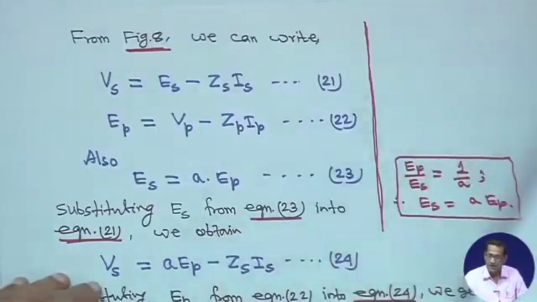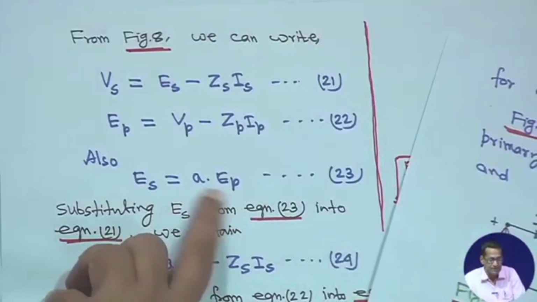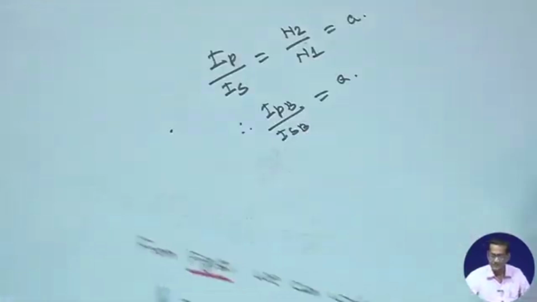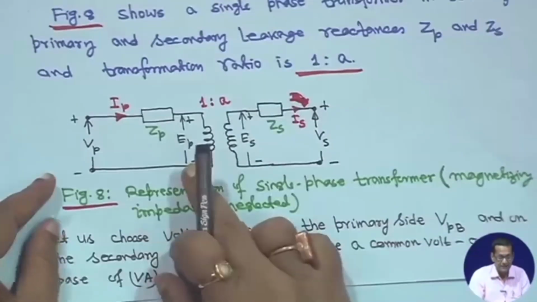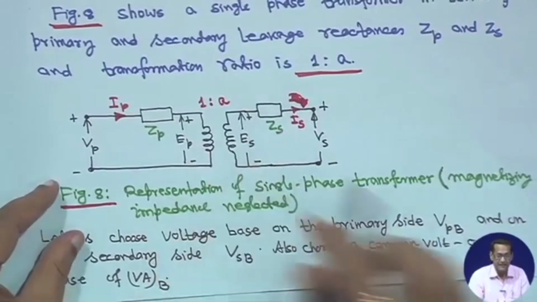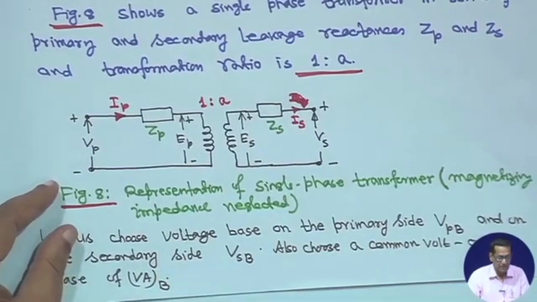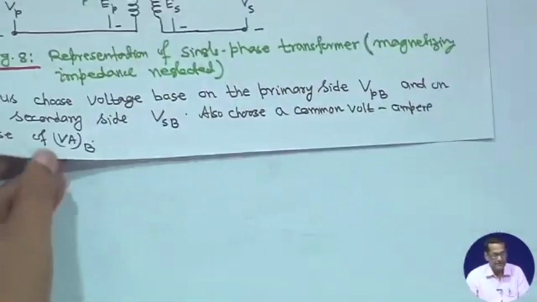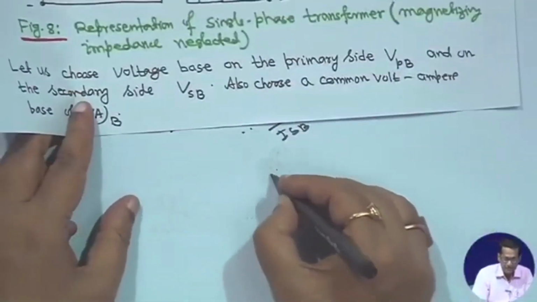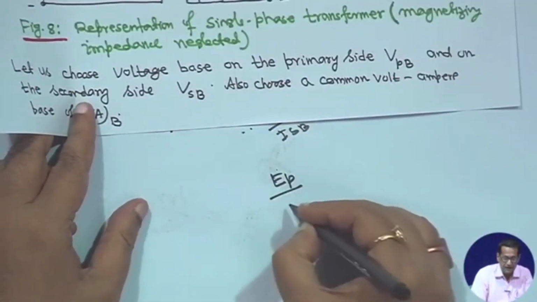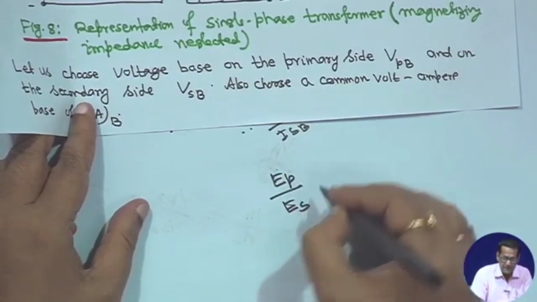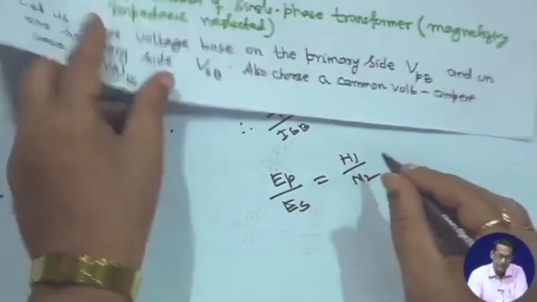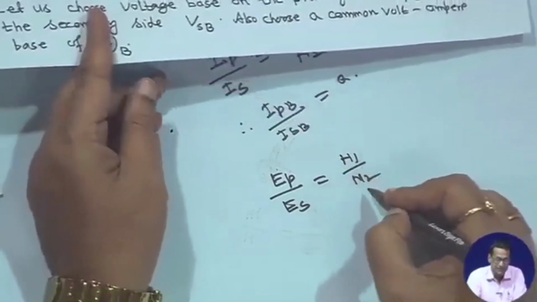Also, Es upon Ep is equal to A, that means this voltage is Ep and this voltage is Es. So, Ep is the primary voltage and Es is the secondary voltage, which is equal to N1 upon N2, the primary number of turns N1 and the secondary number of turns N2.